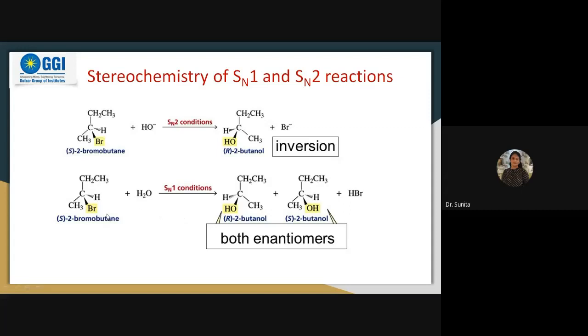Although the bromide ion has left, it is still present nearby. So mostly you can get the inverted geometry in about 80 to 90 percent, and the other geometry in about 10 to 20 percent. So here both isomers are formed.